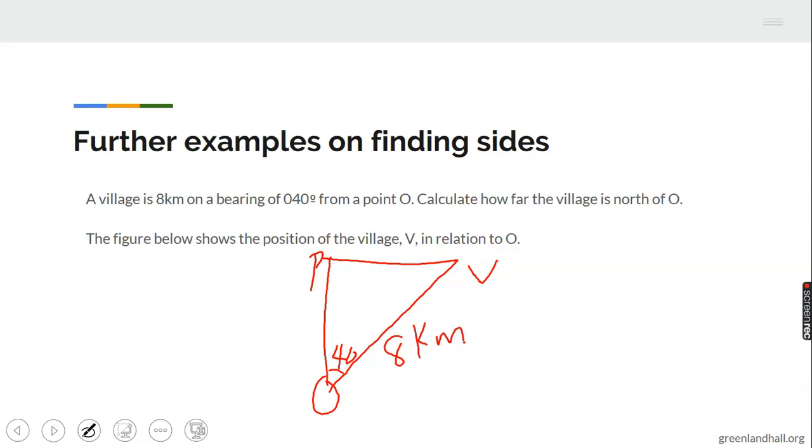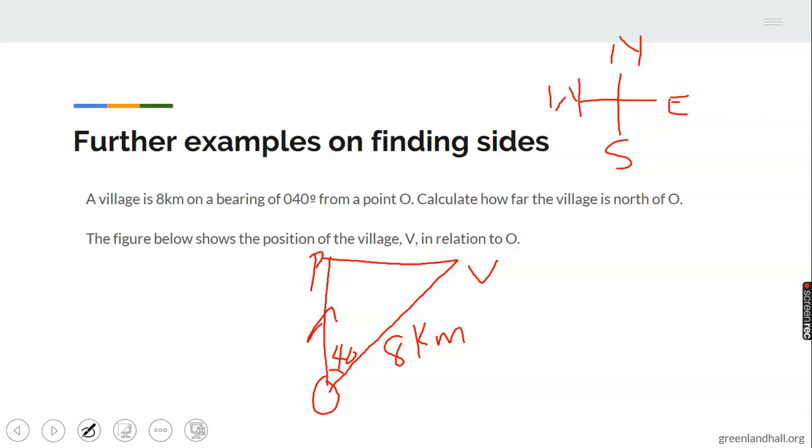So what are we looking for? We are looking to calculate how far the village is north of O. Where is north? This is north. The north of O. We have the cardinal points north, south, west, and east. So the north of O is this side. So that means we are looking for side OP. I told you that where the angle is facing is the opposite side.